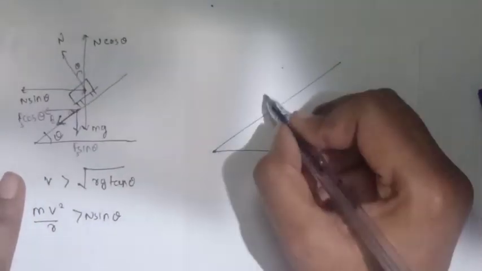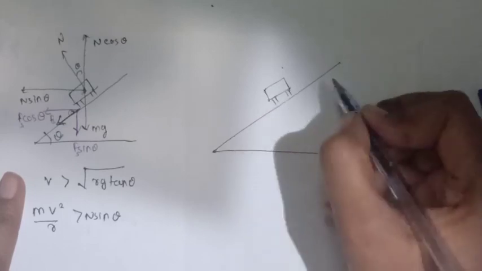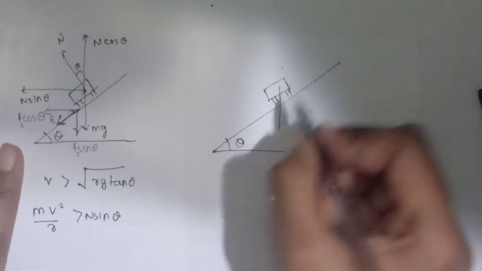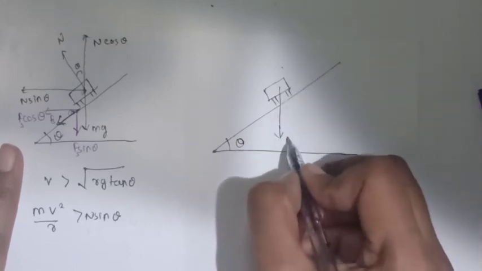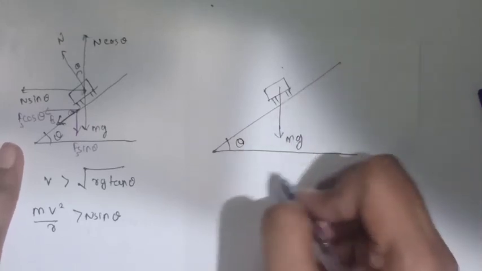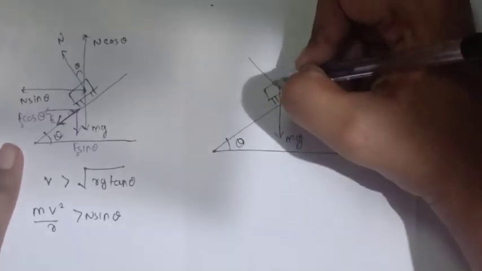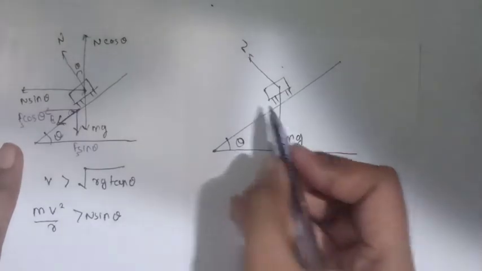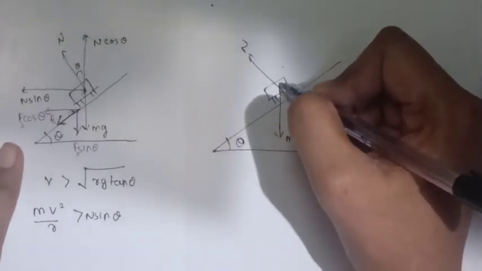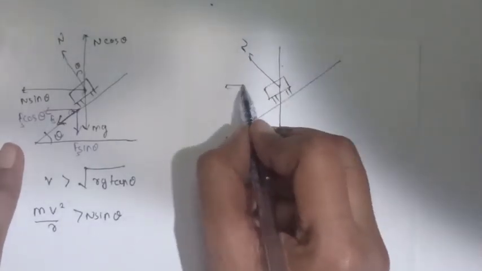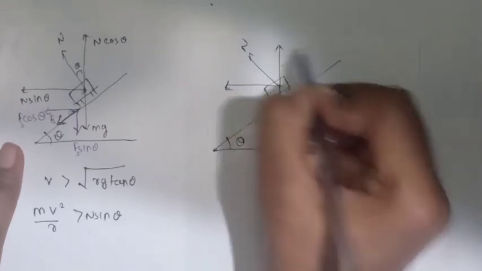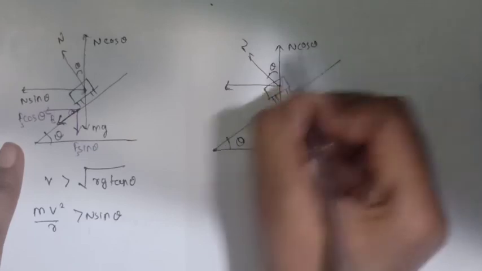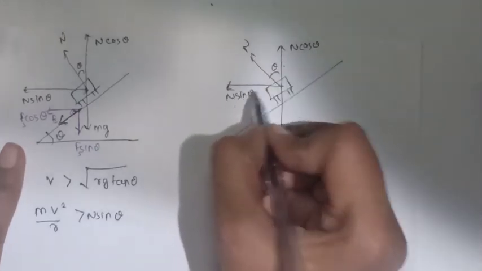There is a vehicle on a banked road. First, solve the vertical component, that is mg. So mg is balanced by the normal reaction n. The normal reaction is slanted, so it is resolved into vertical and horizontal components, n cos theta and n sin theta.